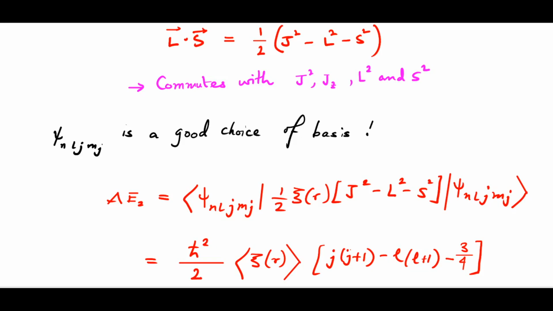It is pretty easy to figure out that this quantity J square minus L square minus S square will simply translate to h cross square times J into J plus 1 minus L into L plus 1 minus 3/4. And this, apart from the calculation of xi r's expectation value, is actually what delta E2 is going to be.